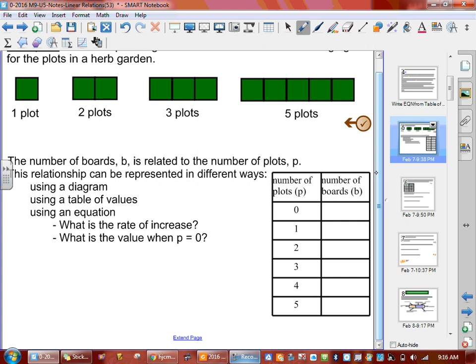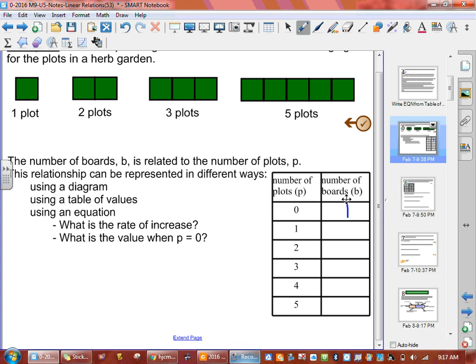They got to start with 1 board. If you only have 1 board or 2 boards or 3 boards, you're not going to make a plot, right? If there's no plots, then you don't need anything. Well, we're trying to make square plots. Logic, yeah. If we don't have a plot, then we don't have anything there. Good job.